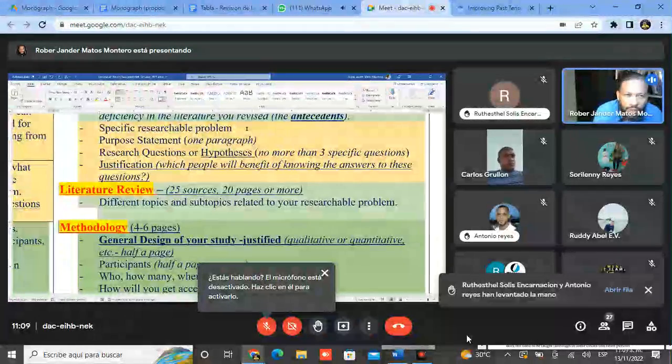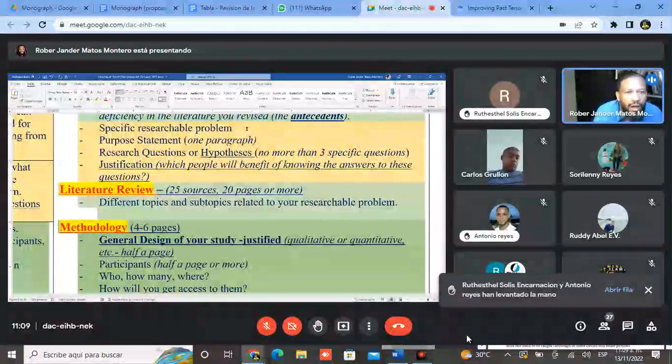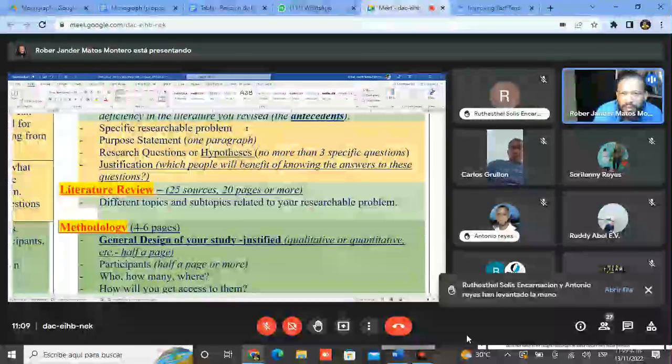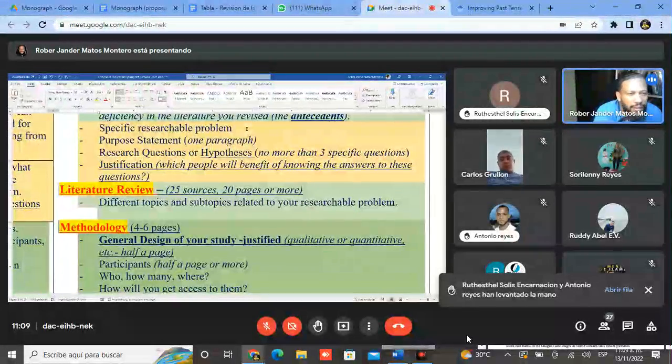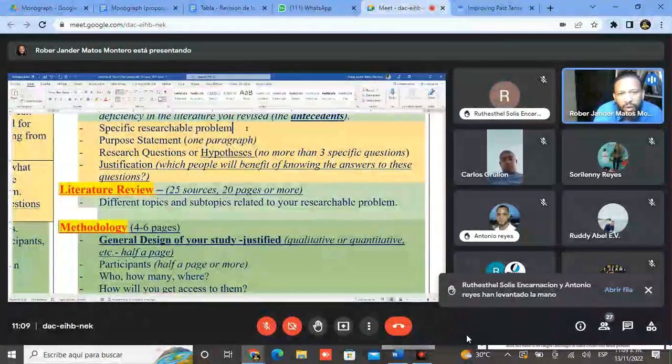You have a concurrent mixed method study when you get the information at the same time, qualitative and quantitative information at the same time, using interviews while you're doing tests.